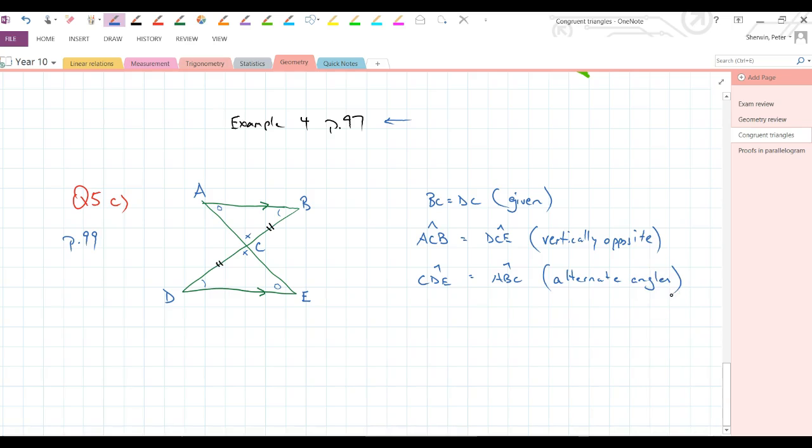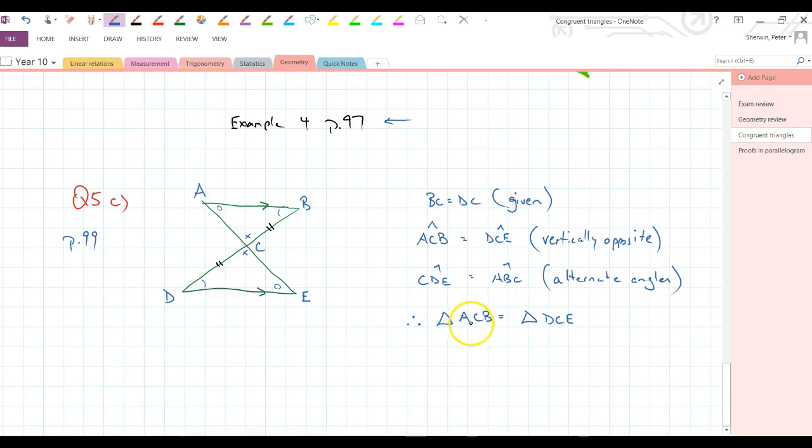Righto. So now I've proved they're congruent. I've used the AAS. So my final statement is, therefore, I can triumphantly state that triangle ACB is equal to triangle, little triangle symbol there, DCE. Okay, now what I should do is write the vertices in the right order.